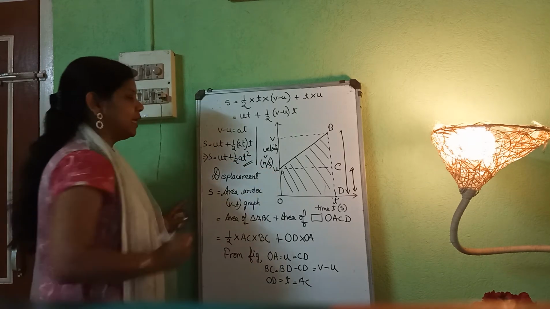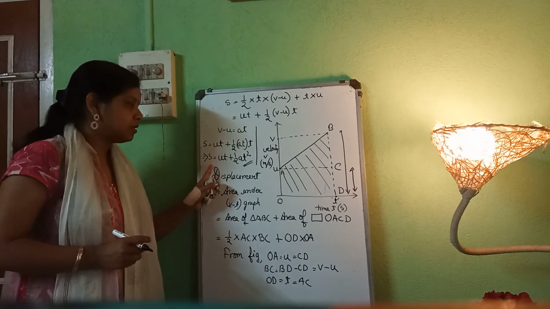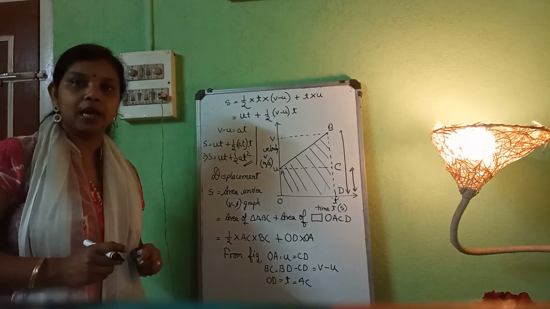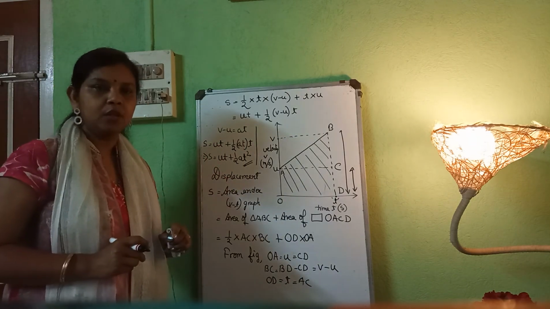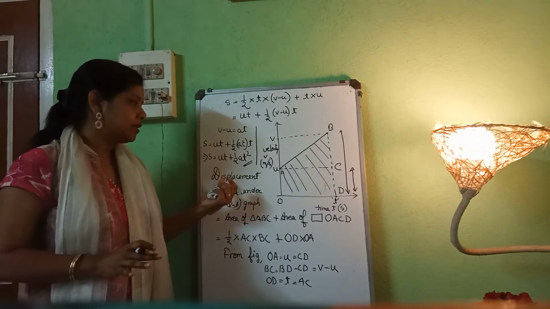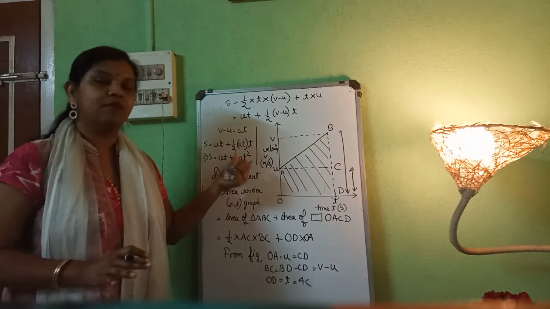This is the relation between position and time. So we got this relation: S equals UT plus half of AT square.